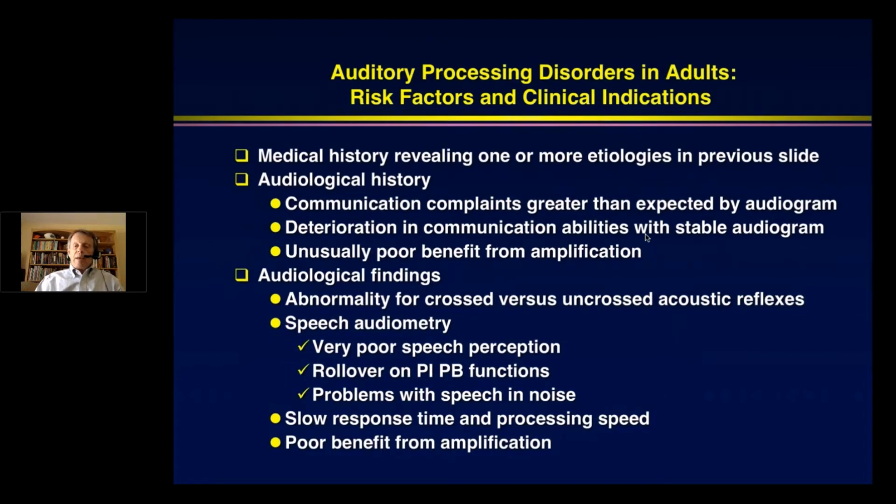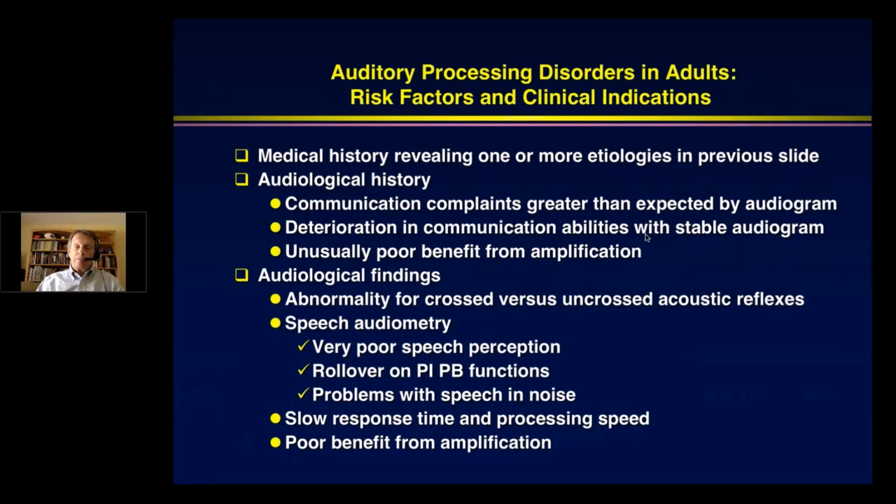Now, how do we know which patients are most likely to have auditory processing disorder? I mean, we won't know for sure until we evaluate them, but we can't evaluate every person in the world. And that would be a poor use of our time. Most people don't have auditory processing disorders. So how can we sort out who is most at risk?